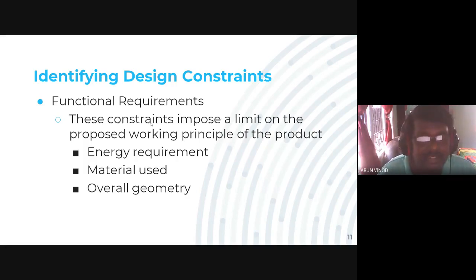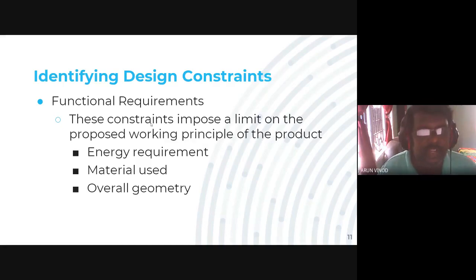Then the materials used: what kind of material are you going to use? And then what is the size of it? The product may be a super product and you may be able to design it, but what is the size? If it is working perfectly but the size is very big, then it is a problem.